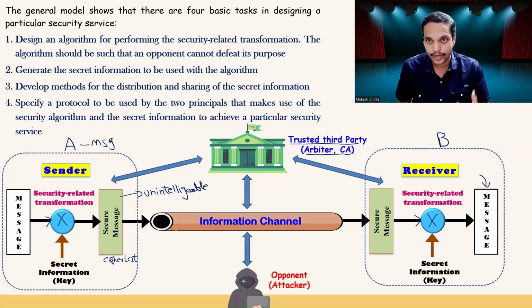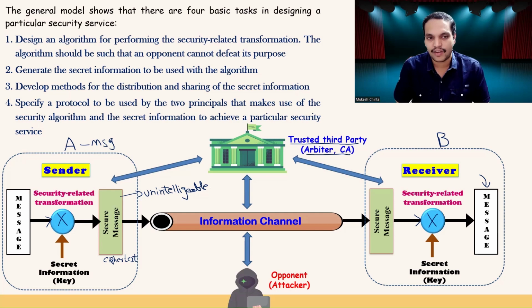So even the opponent or the attacker has good information on what the algorithm does. So if this secret information is not maintained properly or not shared securely, then the whole model you're looking at is utterly useless.